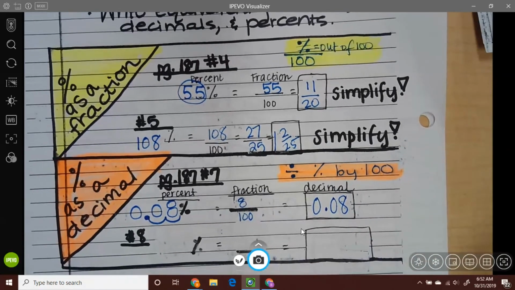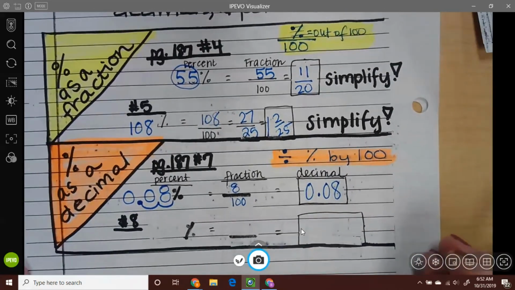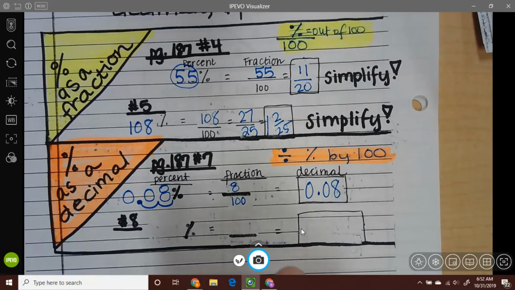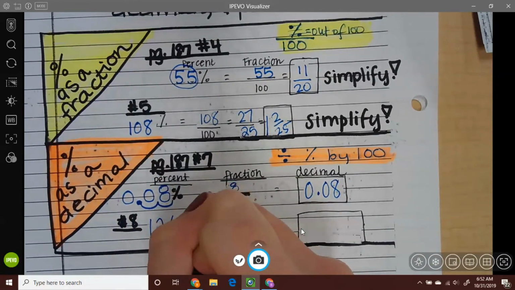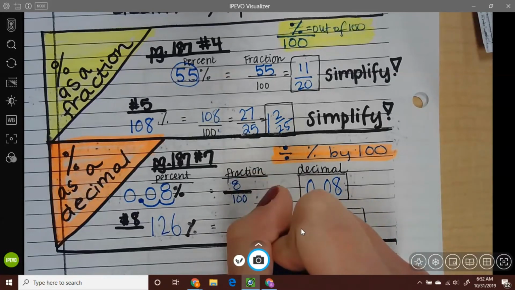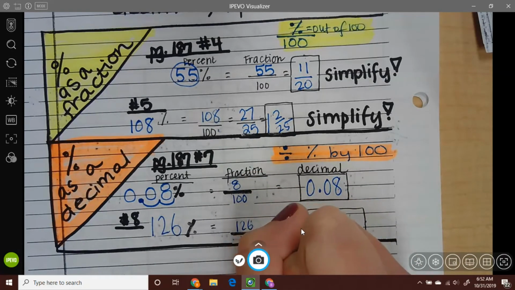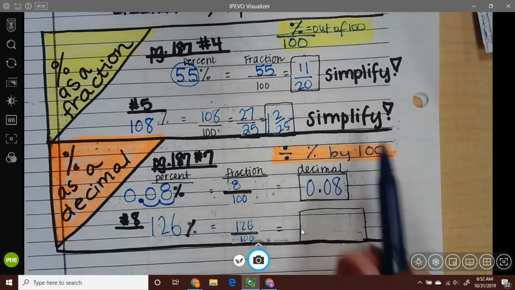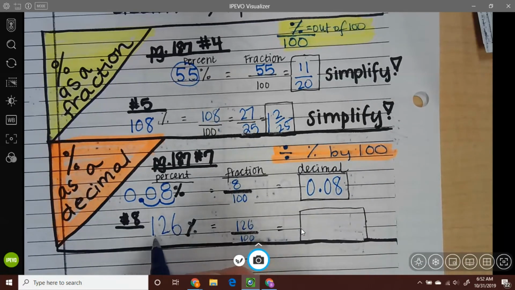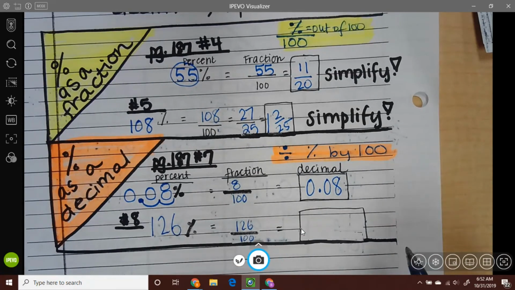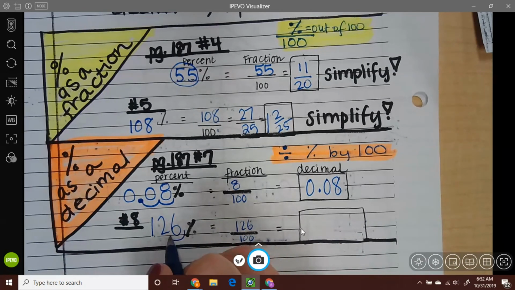Okay, you guys can try number 8. We have 126%. So you could either write 126 over 100, or you can try dividing the percent by 100 by moving your decimal point. Either way, you get 1 and 26 hundredths.